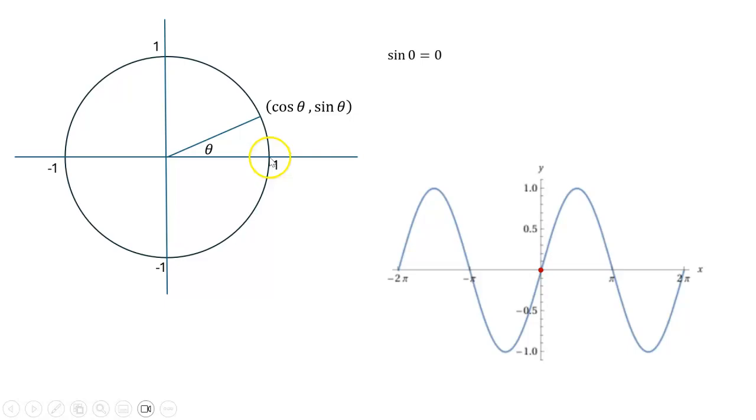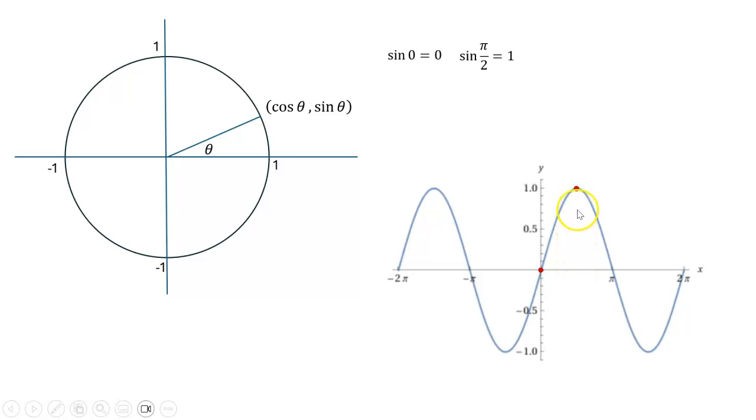All right, well, let's suppose we have a point moving around here, or the angle's increasing, and it goes all the way up to pi over 2, 90 degrees, but pi over 2 in radians. When you're sitting there, your y-coordinate is 1. So that tells us that sine of pi over 2 is 1. And if you look at the corresponding point on the graph, pi over 2 would be about here on the x-axis.